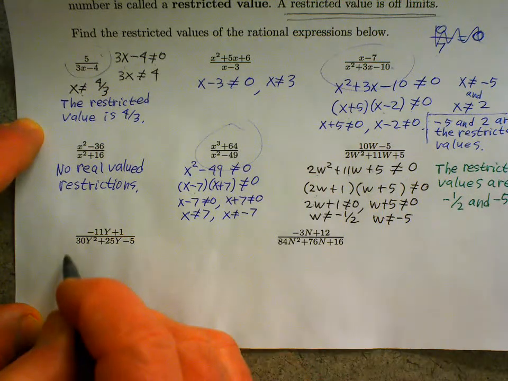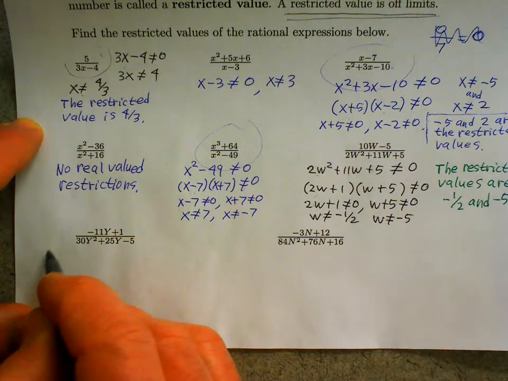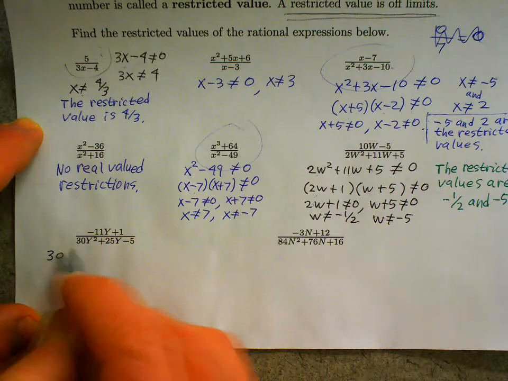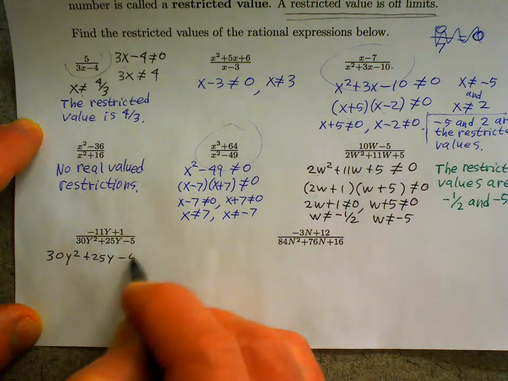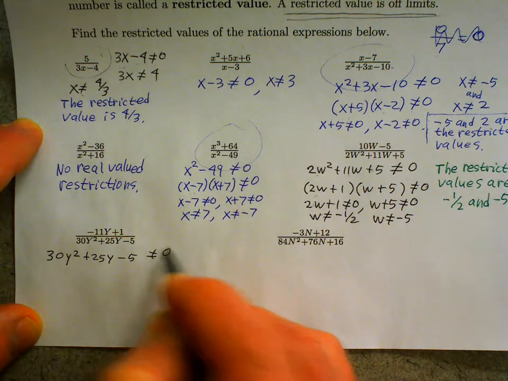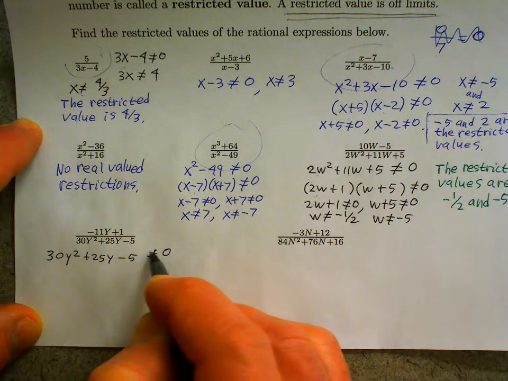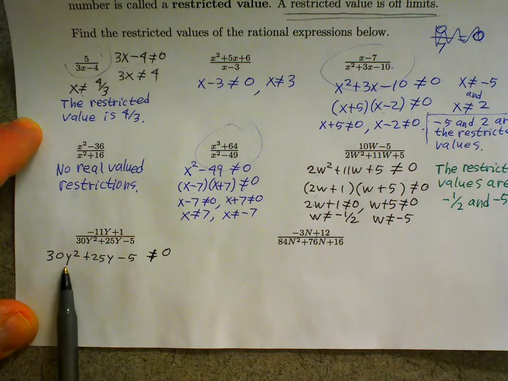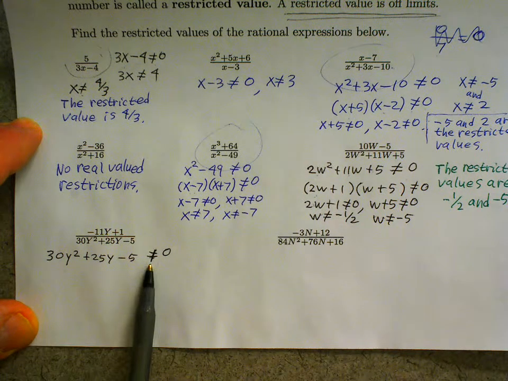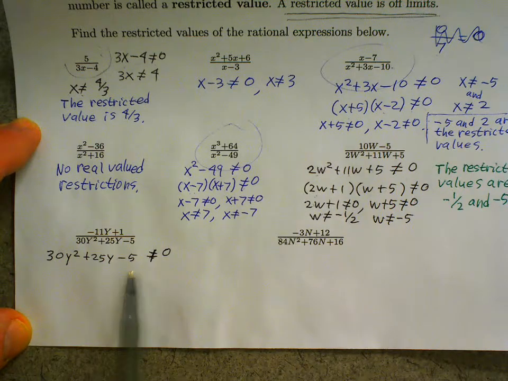Okay, so we can start by writing 30y to the second plus 25y minus 5 does not equal 0. So we can proceed to solve this inequality. A not equal is just a type of inequality. We can solve this type of inequality by factoring.